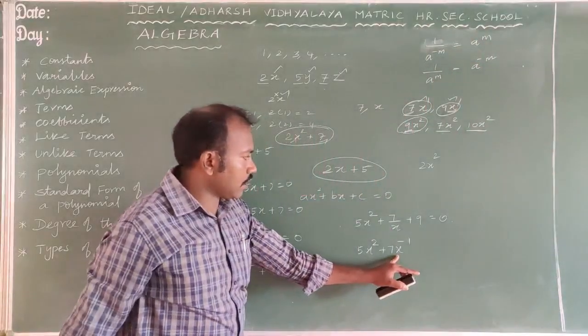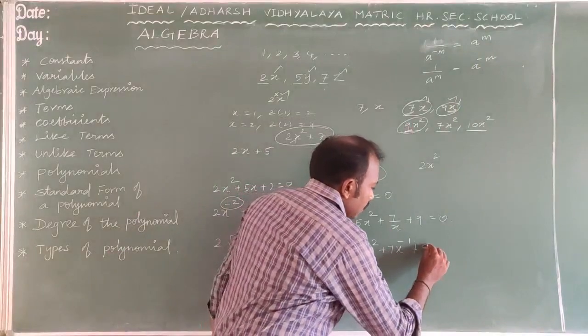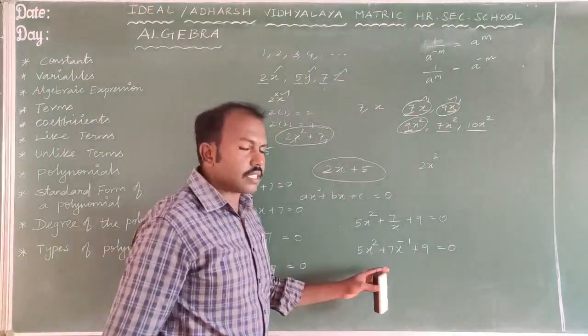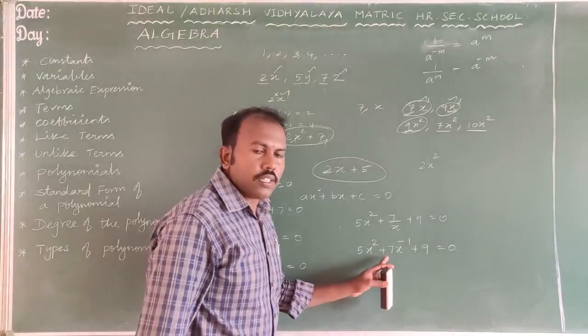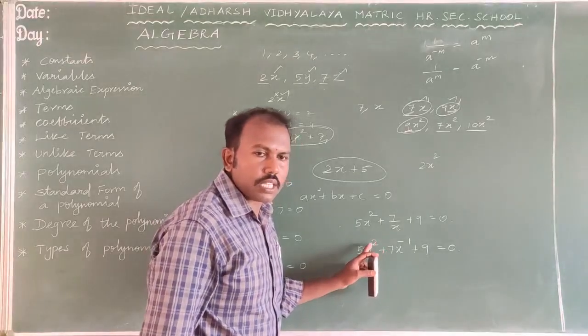So 7 into x to the power minus 1 plus 9 is equal to 0. This is not a polynomial. Okay, negative power should not be there, a fraction form should not come in the power. These are the conditions.